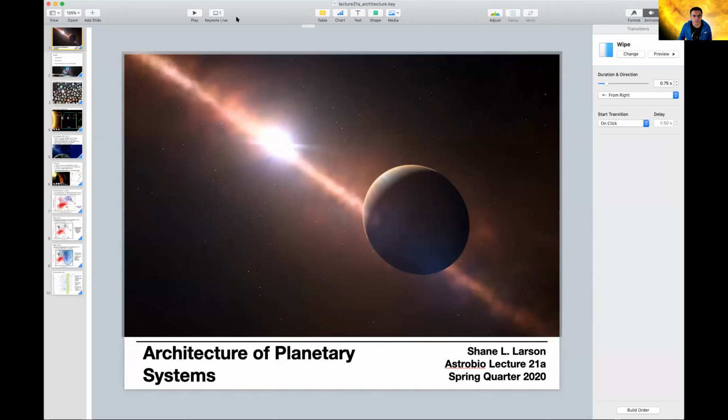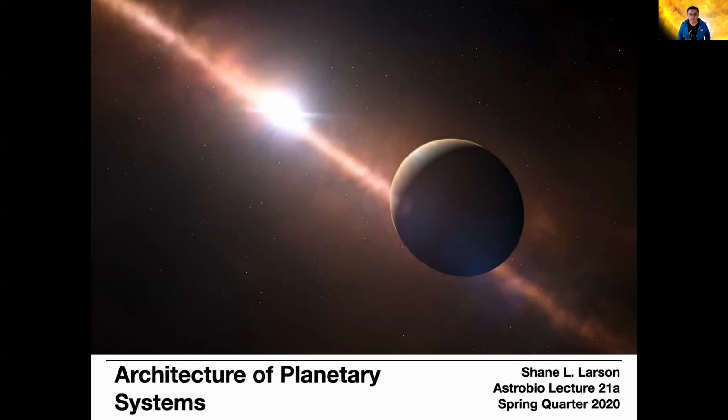Okay, so let me go ahead and start some slides. So at this stage of the game, by which I mean at this point in our observational history, we know of many, many planetary systems. As we discussed last time, there are some 4,000-ish planets known.